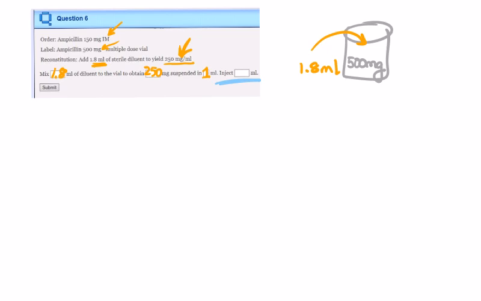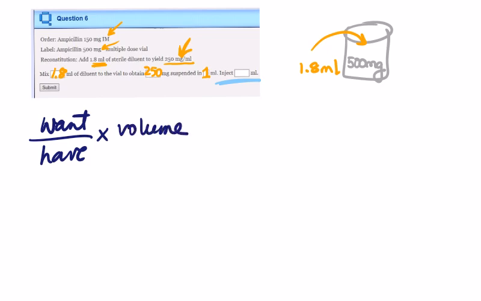So for that part, what we have to do is we can use the formula, what we want over what we have times the volume. So what we want is the order, 150 milligrams. Remember to always add the unit next to the quantity. Then what we have comes from the concentration.